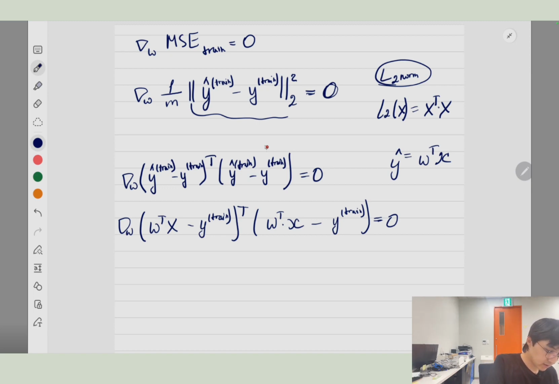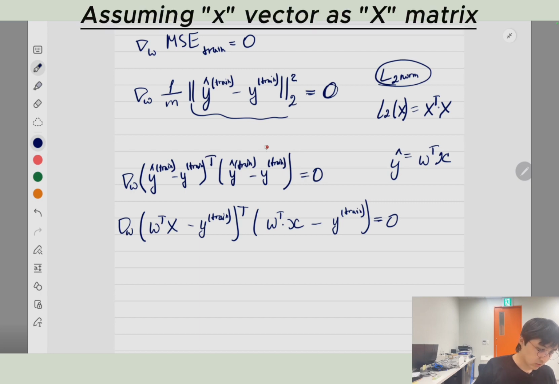Actually, I think for now let's omit this transpose and just say weight multiplied by x.